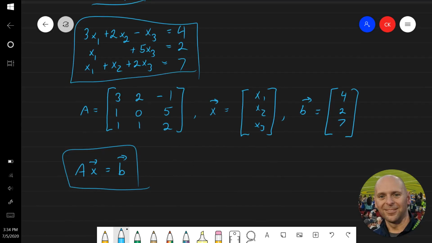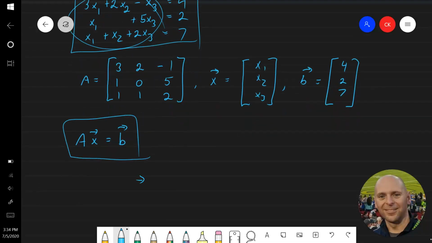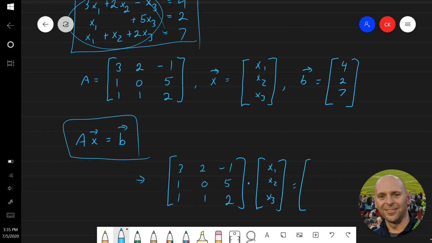And again, what we've done is essentially unmultiplied the variables from the left-hand side of this. If you think about what this looks like, then we can rewrite this as 3, 2, negative 1, 1, 0, 5, and 1, 1, 2, times the variable matrix, x1, x2, x3, and that's going to be equal to the column matrix 4, 2, 7.